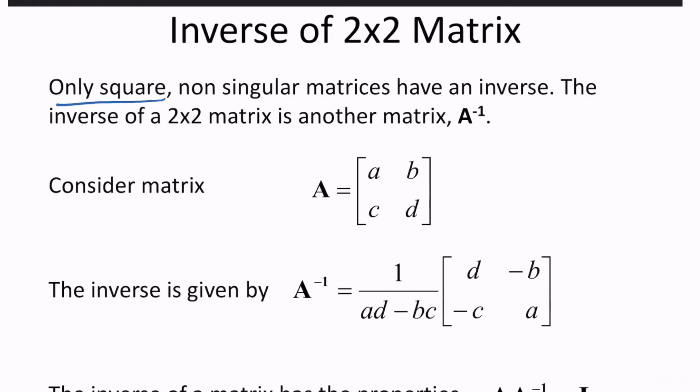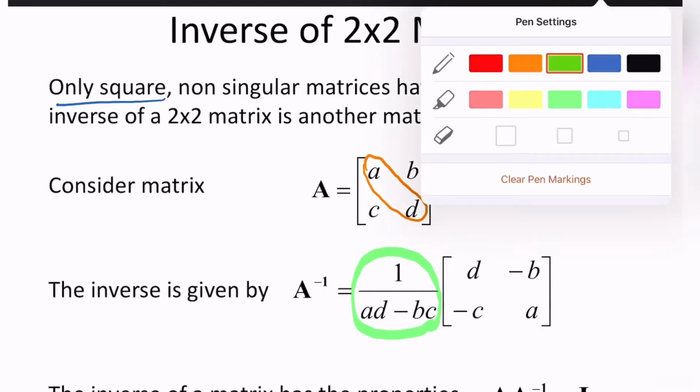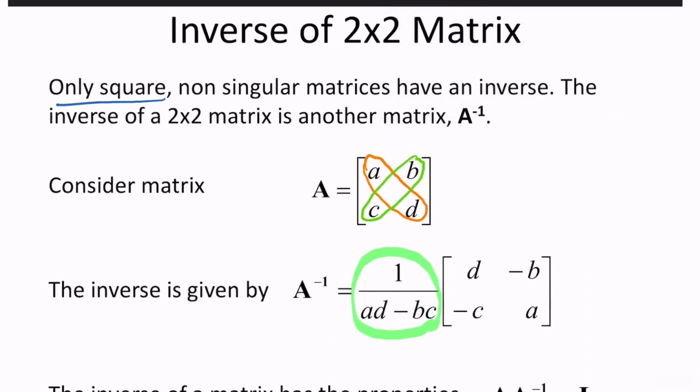If we look at this formula, the inverse is given by 1 over AD minus BC. So AD minus BC means A times D minus B times C. So this is the determinant, yeah? So A times D minus B times C is the determinant of A. Okay, so that means we need the determinant to work out the inverse.